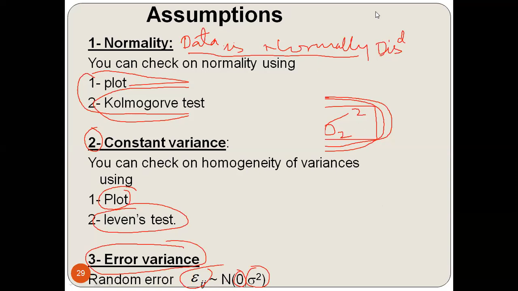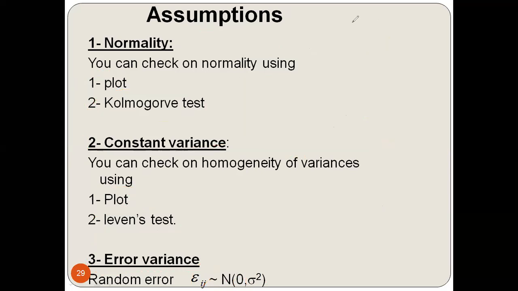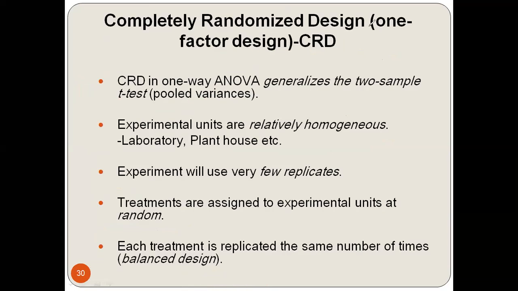So after assuming all the assumptions, we can go for the first design. This is the first design that we are going to talk about. It is called CRD, completely randomized design.